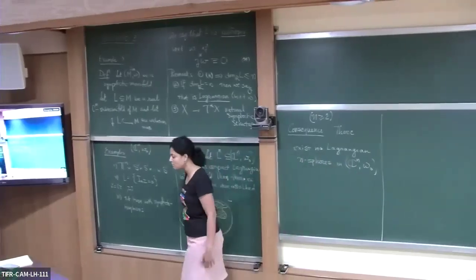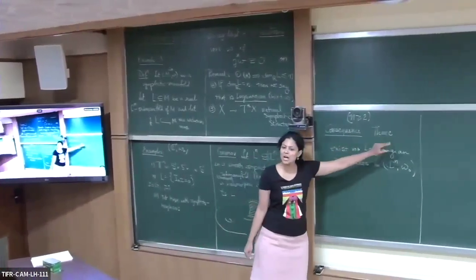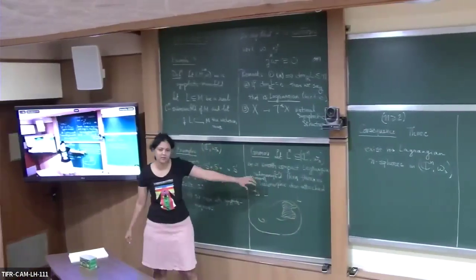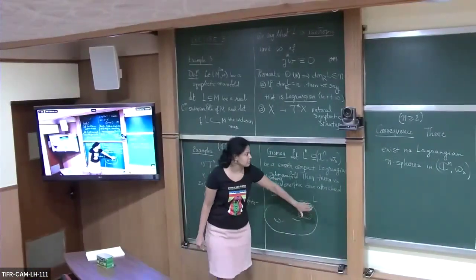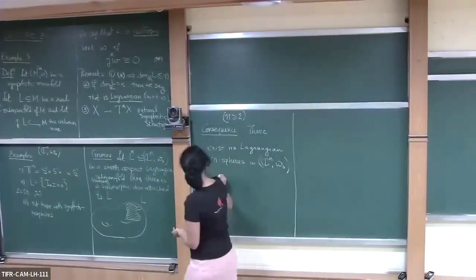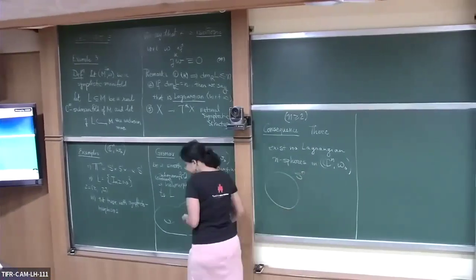So Lagrangian is doing more than that. I was wondering if anybody knows how this implies it. I'll run through the argument. It's a very brief argument, but how do you go from this statement to saying that there are no Lagrangian spheres? So suppose there is. Suppose I have a Lagrangian n-sphere in Cn.